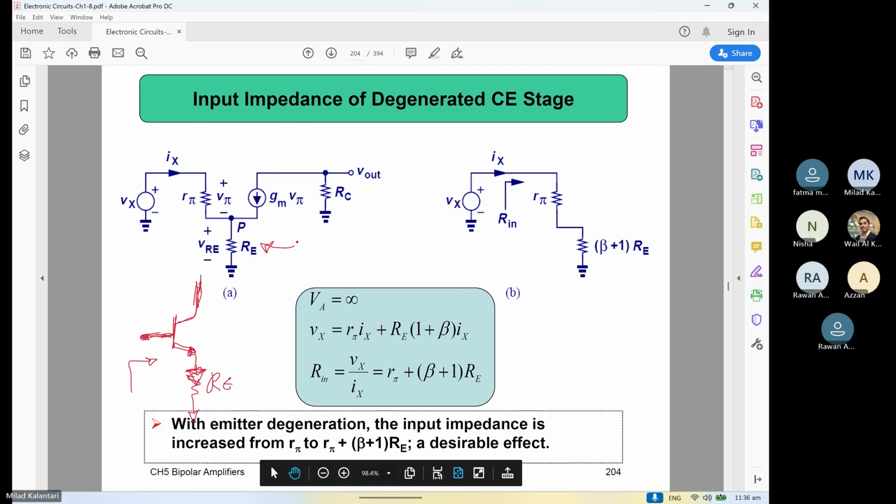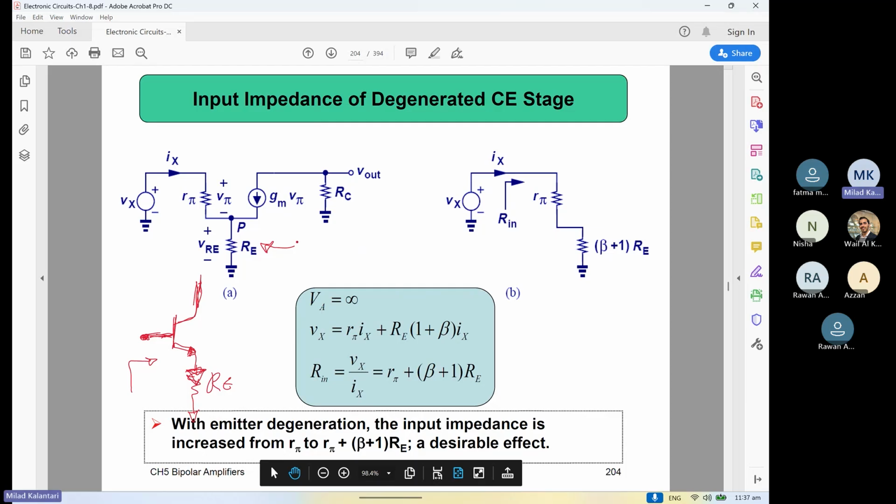Right? So what we know is that we transferred the base impedance to the emitter. But how did we do it, do you remember? Once we go from the base to the emitter, right?